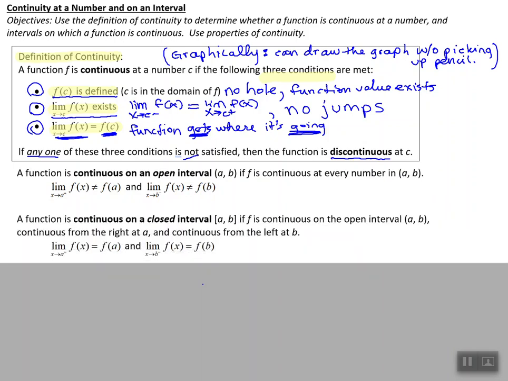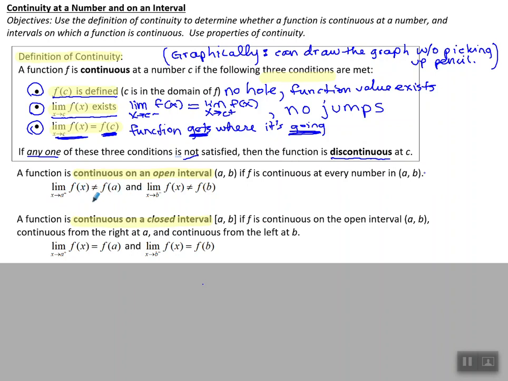Now let's talk about what it means for a function to be continuous on an open interval and continuous on a closed interval. So a function is continuous on an open interval, a to b, if f is continuous at every number in that open interval. Now notice the way that this is written here. The limit as x approaches a from the right of f of x does not equal f of a.